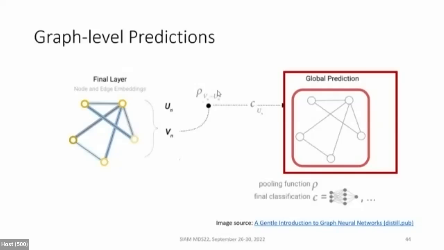All these different level predictions can use the information from both nodes, edges, and, less frequently, graph level information.